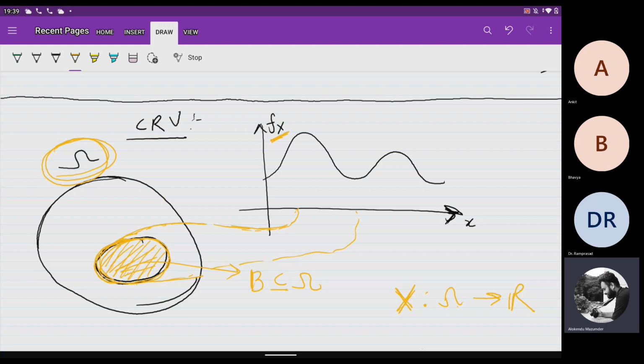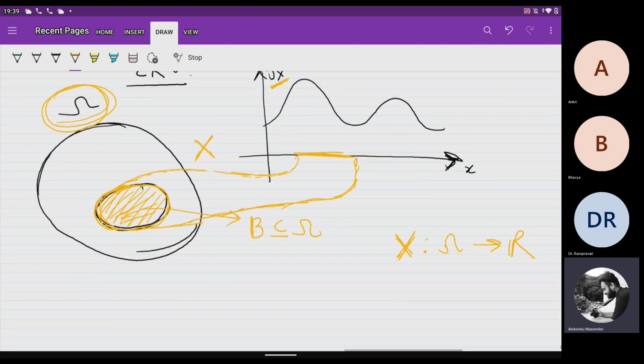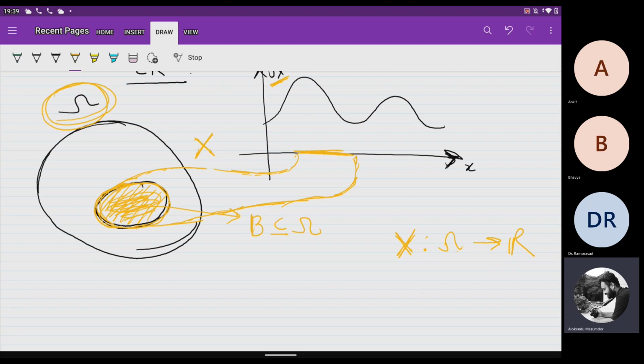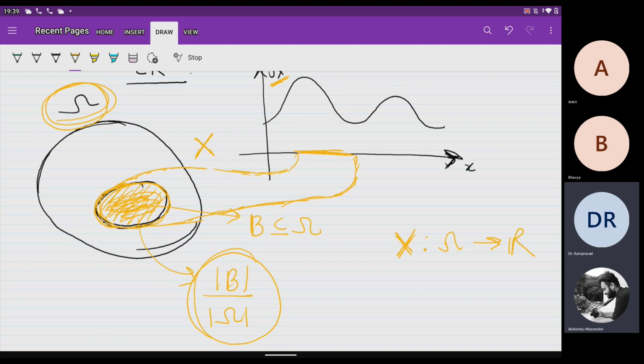It is getting mapped by a random variable x. And now, what is the probability of this area? The probability of this area is given by this. Do you have any doubt in this formula? No, sir.